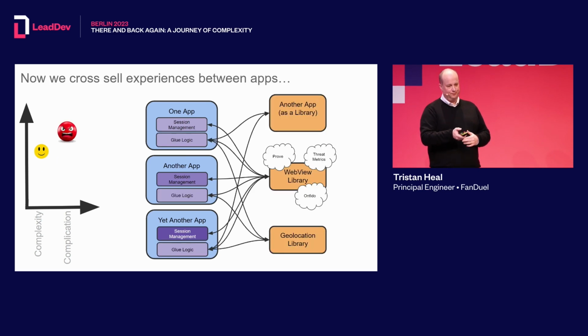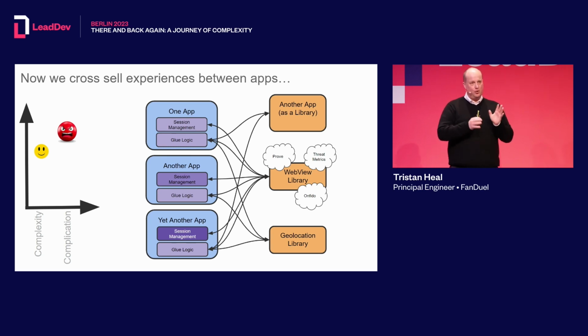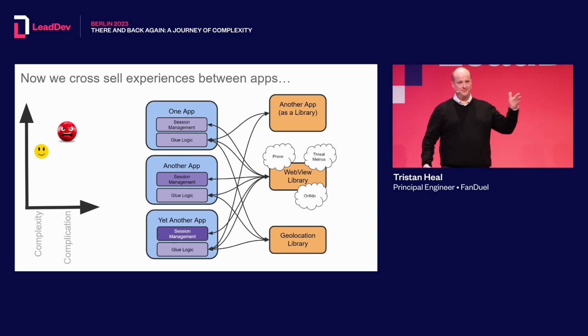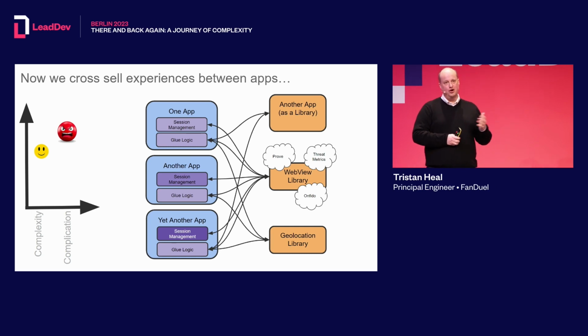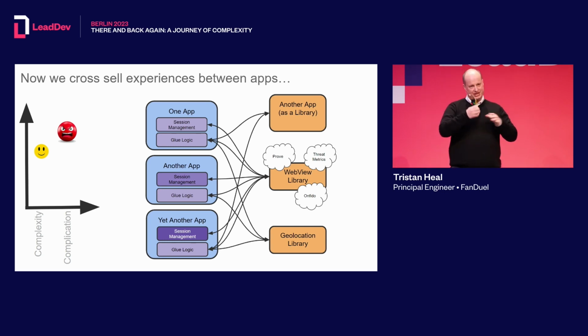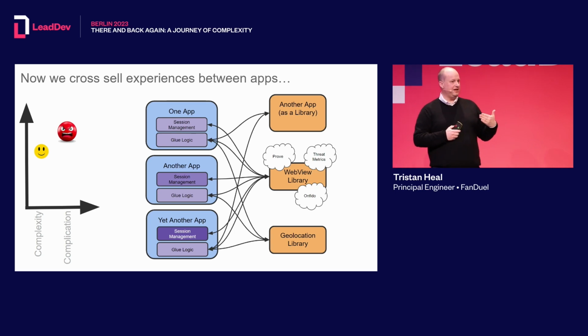Okay, and finally, complication has reached critical levels as we now cross-sell experiences between the apps. What I mean by that is we have lots of apps, and in some cases, we want to be able to provide users with experiences from one app within a different host app. There are different approaches to this. In some cases, a team will make code changes directly into the host app.